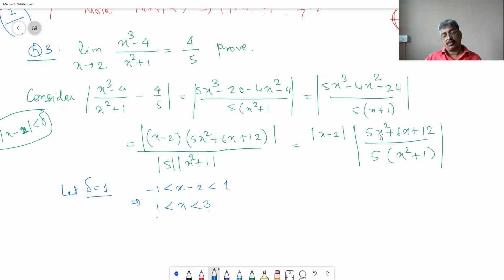Okay. Now we want to estimate what this number is, and therefore if I want to estimate the denominator, I should take a bigger number. That makes this estimation smaller, and I should take a smaller number for estimating the numerator.